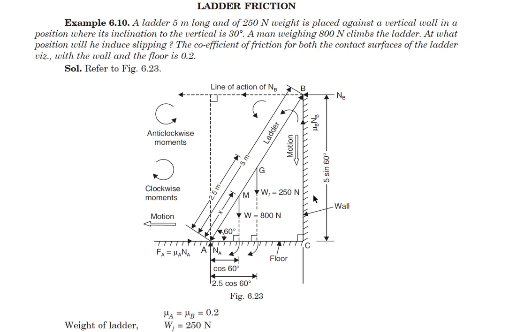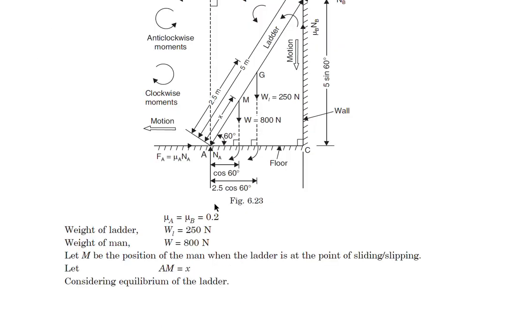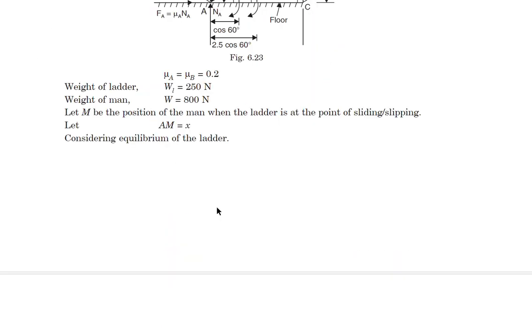So you have the horizontal components of the forces acting on the ladder, that is NB and mu A NA.